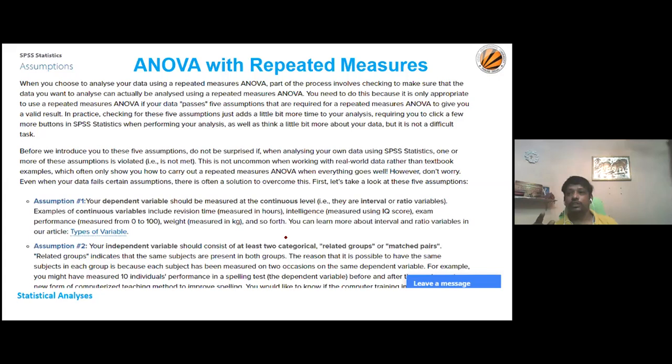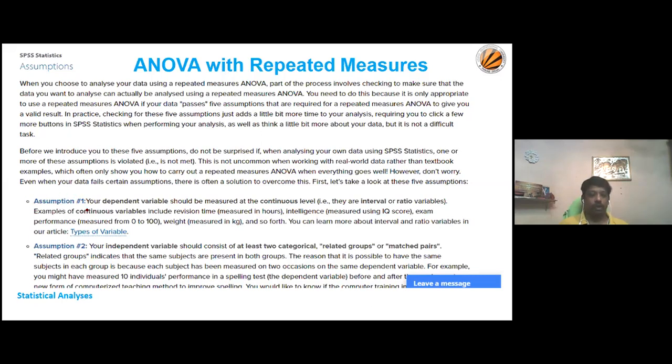For example, because we measure more than two times in your clinical trials or RCTs, when you perform a parametric test using ANOVA, it should meet these assumptions.